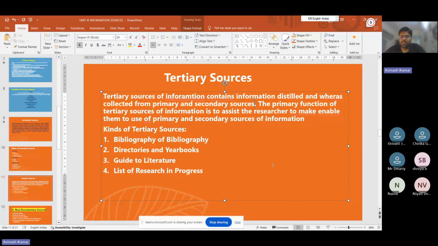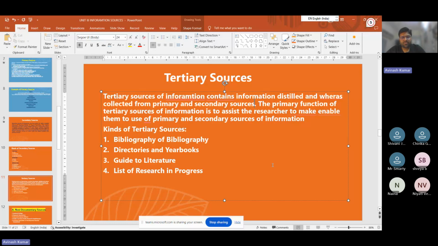What are the examples of tertiary sources? Bibliography of bibliography, directories and yearbooks, guide to literature, list of research in progress. So these are the tertiary sources.